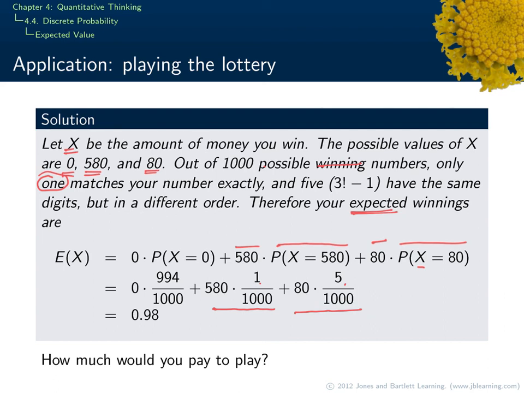So if you add all these terms together, you wind up with this number, $0.98. So the question is, how much would you pay to play this lottery game? Well, if you pay anything more than $0.98, then your expected value becomes negative. So you would want to pay something less than $0.98.